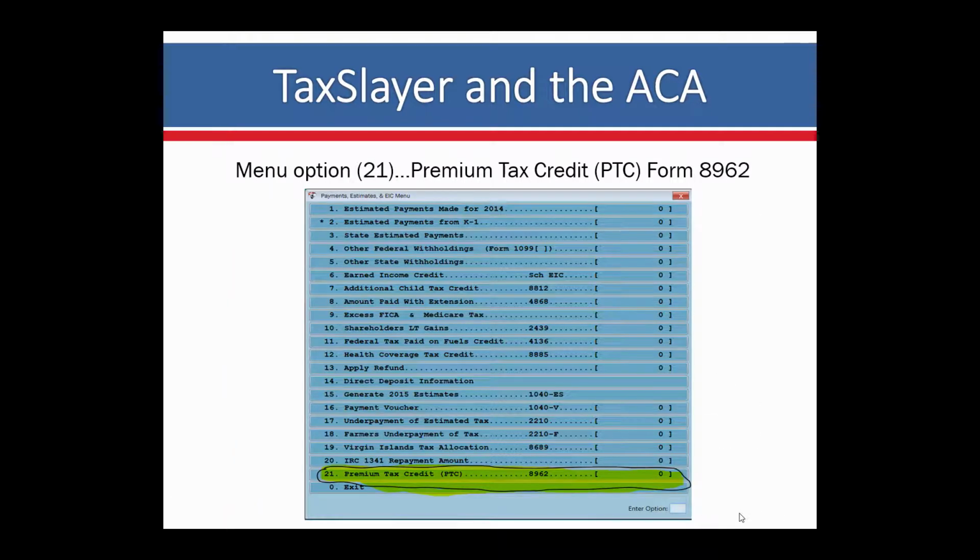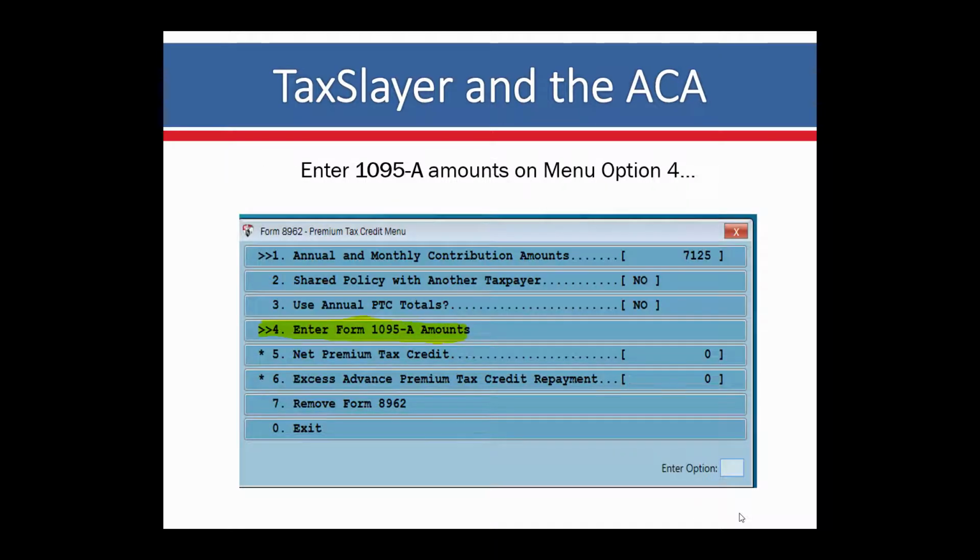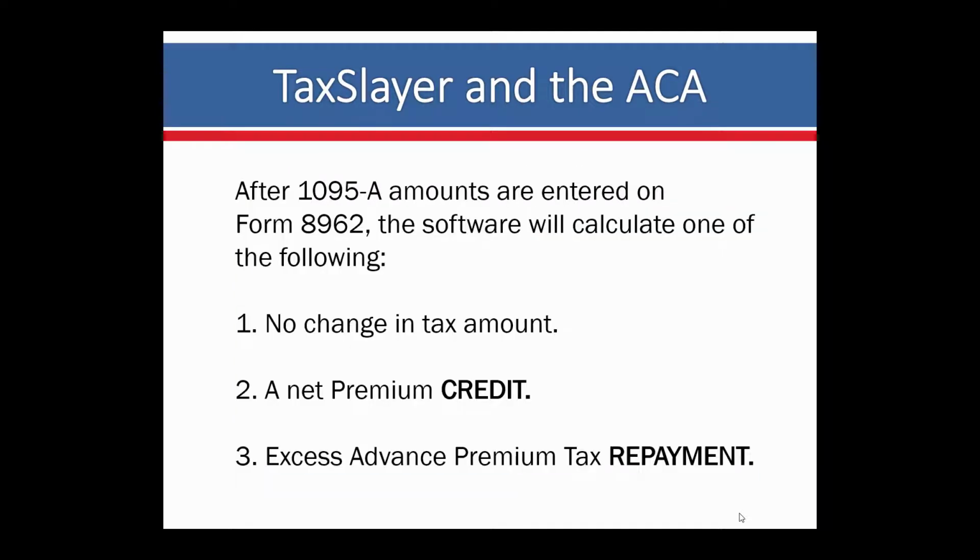Menu option number 21, the Premium Tax Credit, relates to Form 8962. You would enter the 1095-A amounts on menu option number 4 in the 8962 menu. After the 1095-A amounts are entered on Form 8962, the software is going to calculate one of the following.